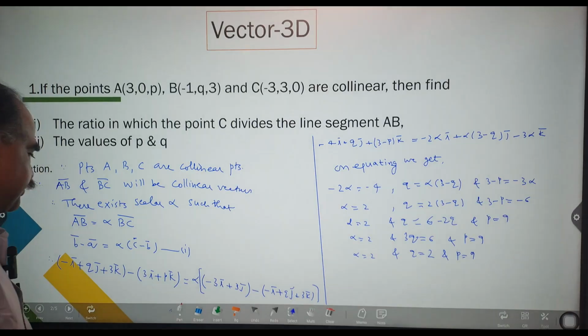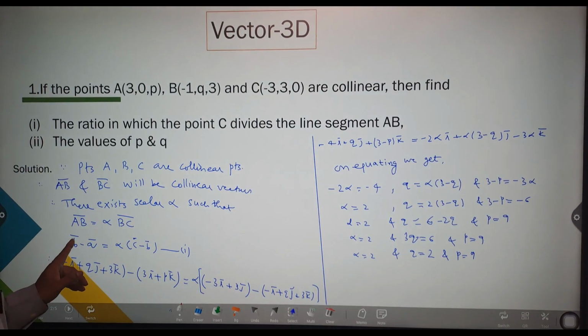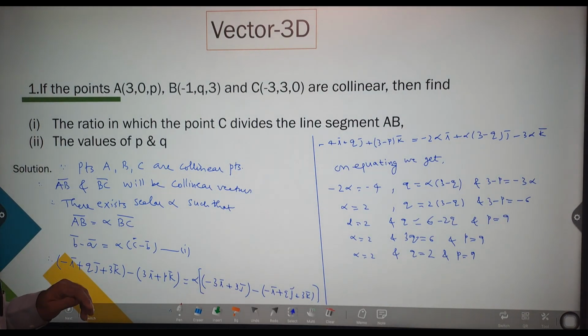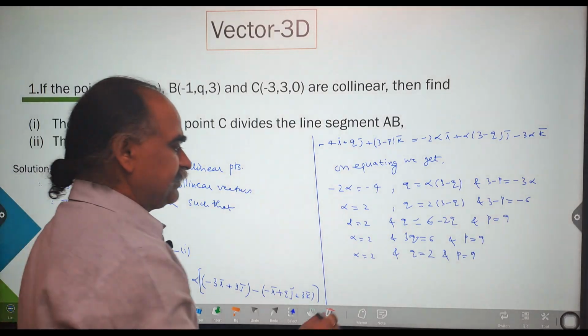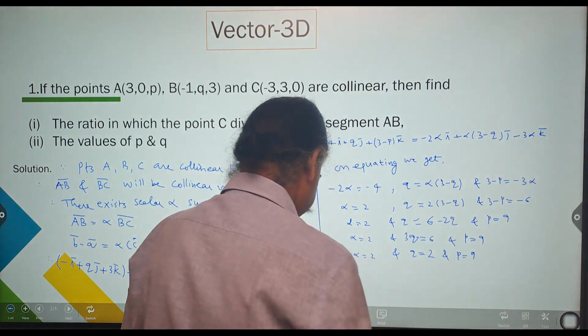Now we have to find the ratio in which C divides AB. So we got the values of p and q.